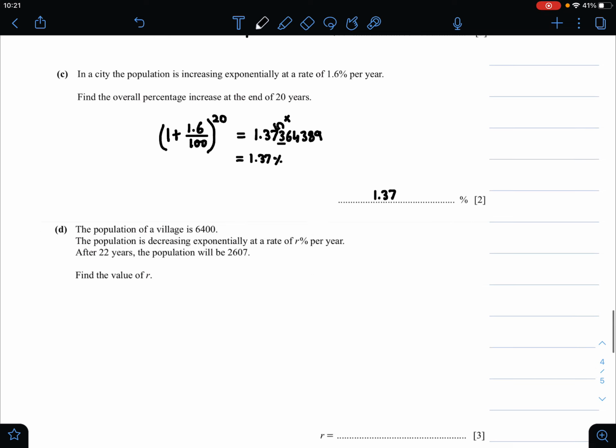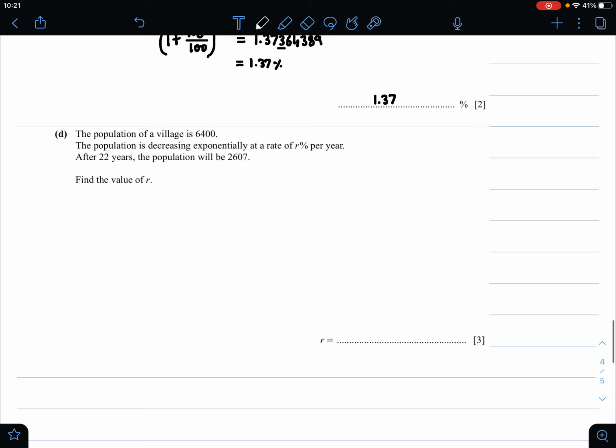Now let's move to part D of this question. For part D, they are asking us to find the value of R, and they are telling us the population of a village is 6400. The population is decreasing exponentially. Exponentially meaning we have to use the formula of compound interest, but it is decreasing.